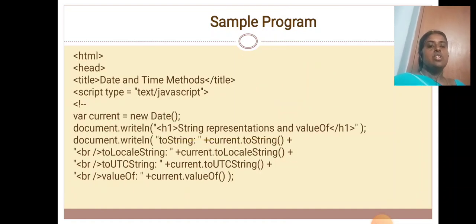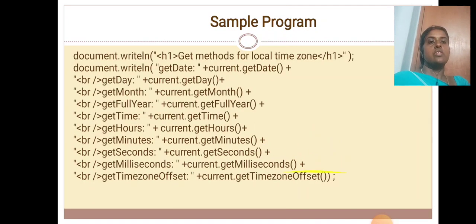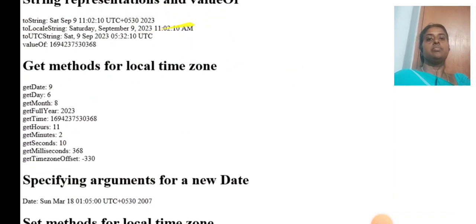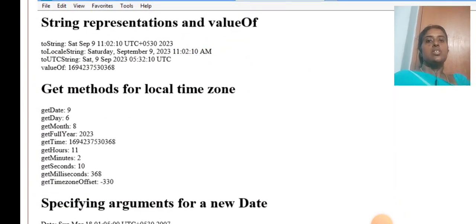Next is current.toLocaleString, so this displays the local timing set in my system. This result will show you toLocaleString: Saturday, September 9, 2023 at 11:10 a.m.